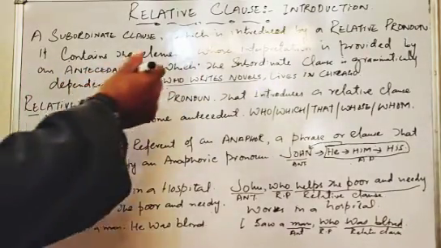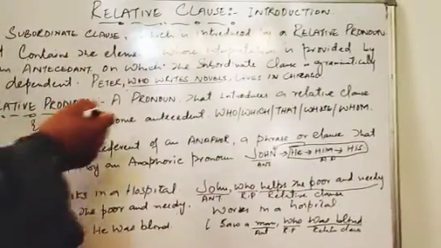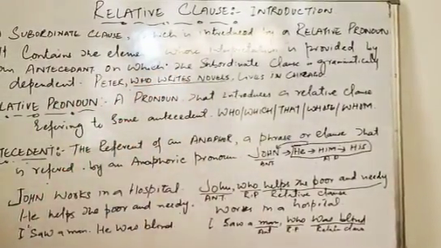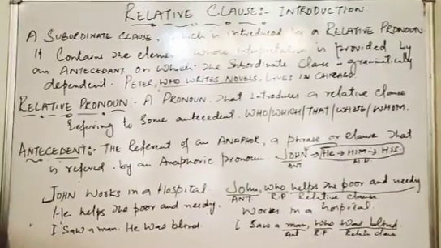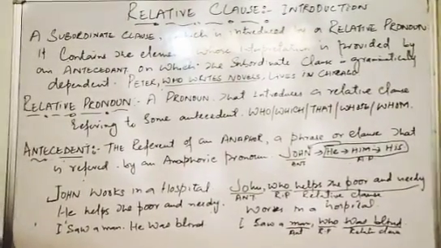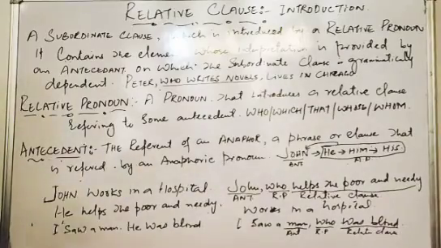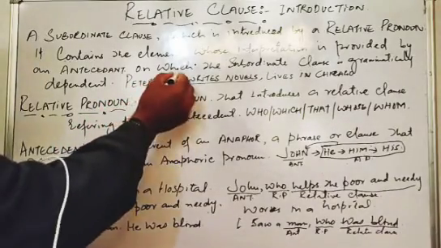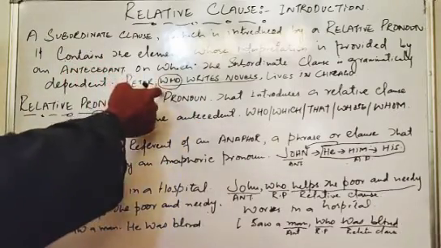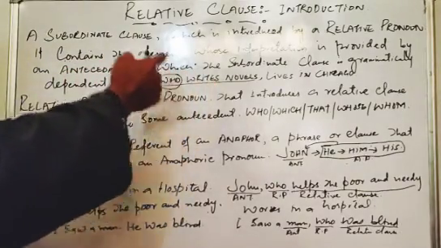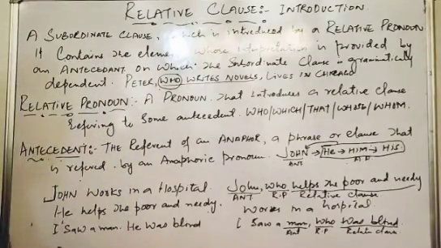This writes novels is a subordinate clause. It is introduced by who. This who is basically a relative pronoun. Writes novels is a subordinate clause.